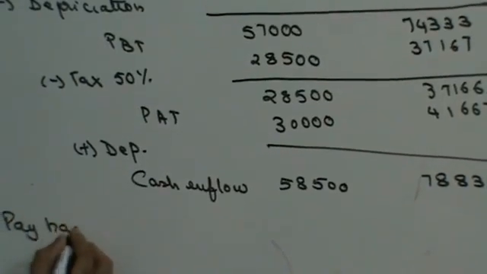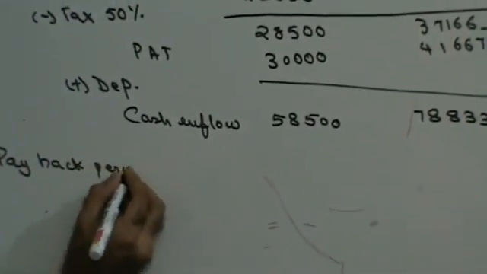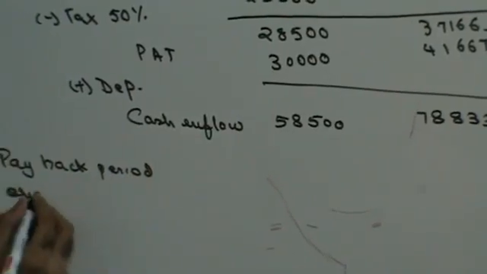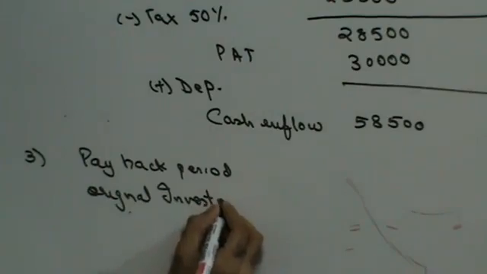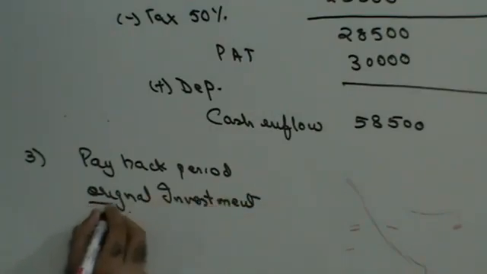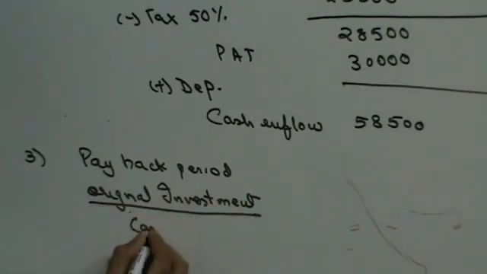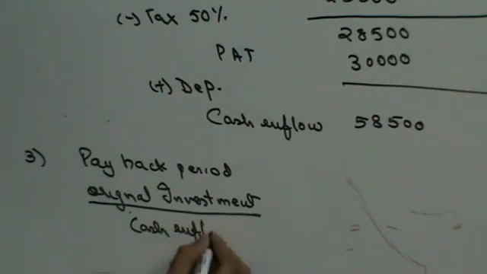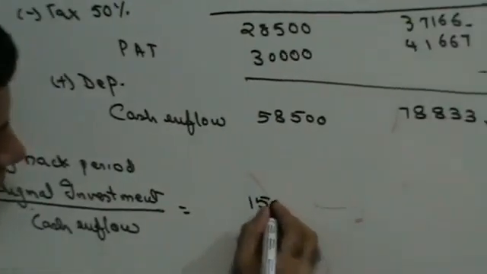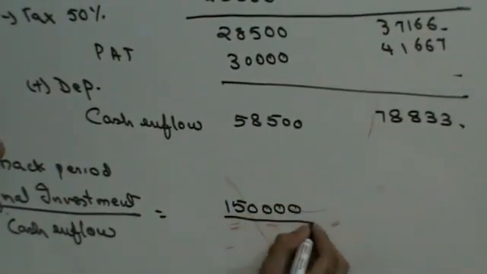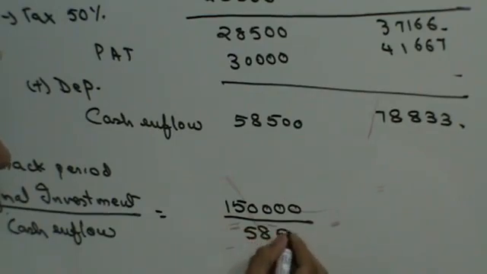Payback period is original investment divided by annual cash inflow. So in the case of Giant, your original investment is 1,50,000. Your cash inflow is 58,500.